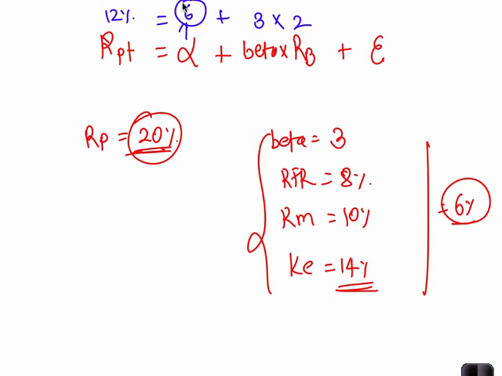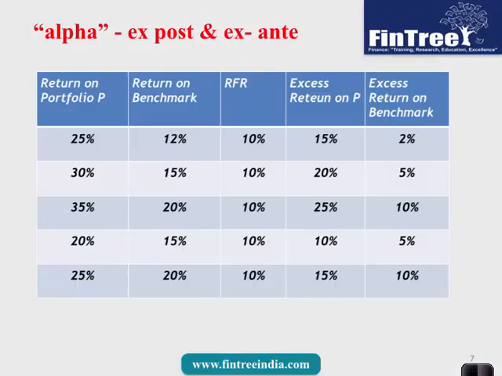Once we have understood that we can extrapolate the alpha using this equation, we can use this regression methodology on historical data for multiple years. For example, if you have data like this, we have returns on portfolio P: 25, 30, 35, 20, 25, returns on benchmark, and we have RFR.